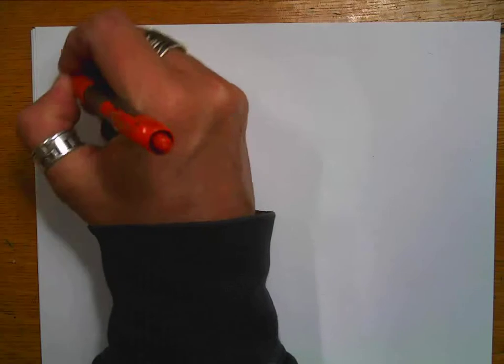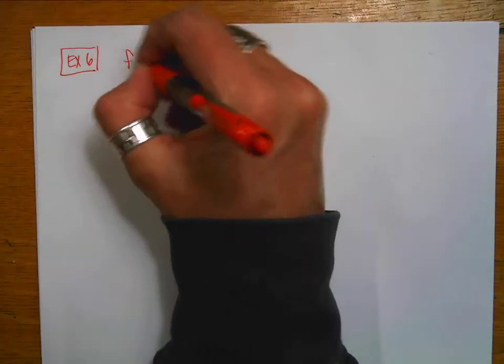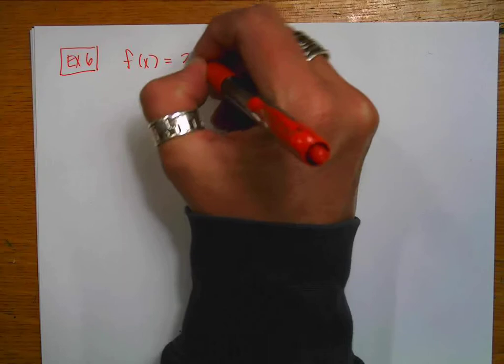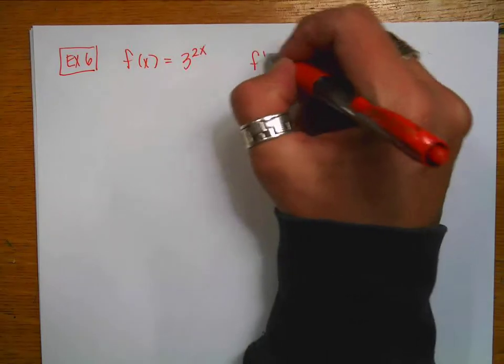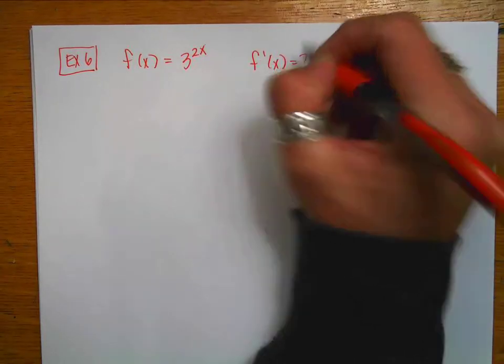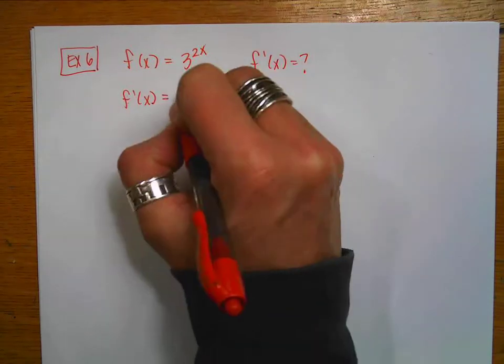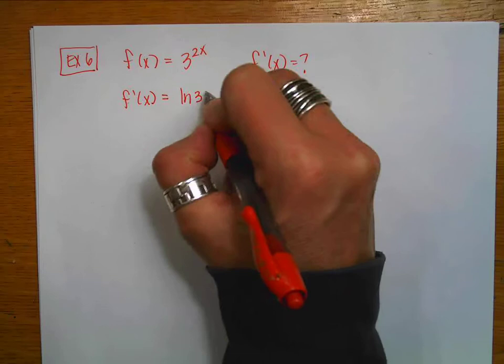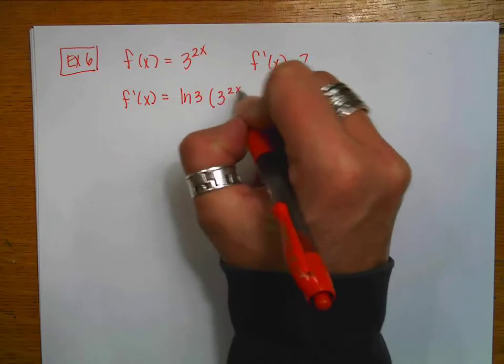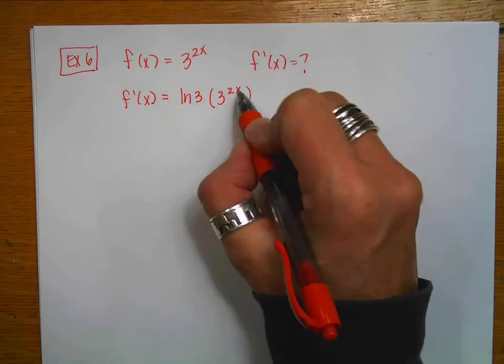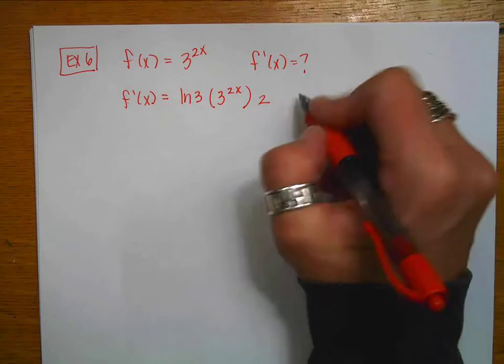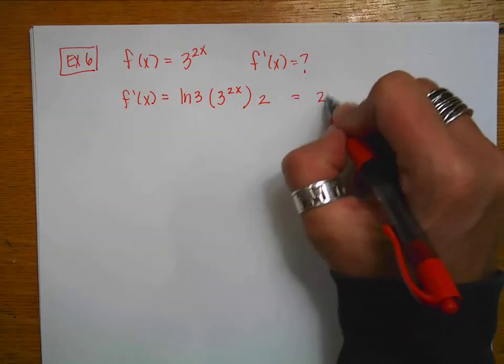Let's do example number 6. And I'm going to have f of x is equal to 3 to the 2x, and I want to find the derivative. So my derivative, f prime of x, is going to equal the natural log of 3 times the original thing times the derivative of the top, which is 2.